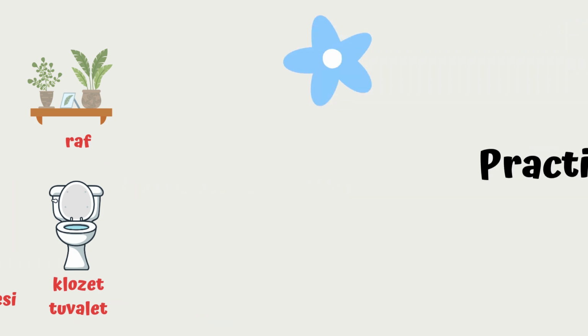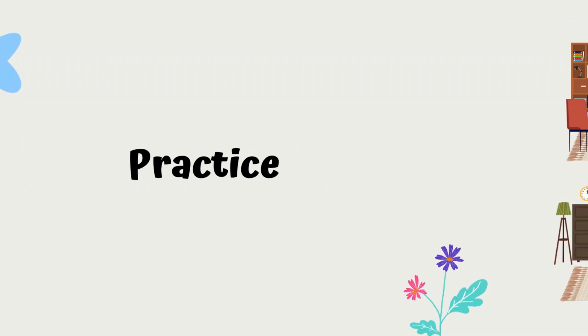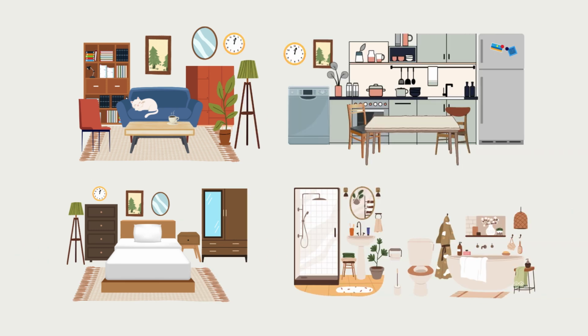Okay, let's practice these new words and then remember what they were called. So do you remember the words for each room? I'm giving you some time. You can pause here if you want, and I'm going to give you the answers in a second. Are you ready? I'm giving the answers.